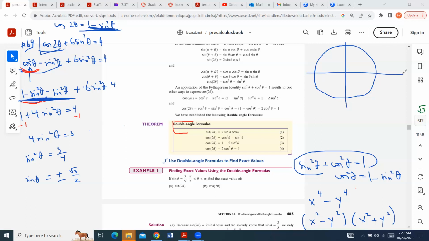So when sine is radical 3/2, it could be either positive or negative. Then you have 2 points here when your sine is radical 3/2. Or when it's negative, there'll be 2 more points here and there. And the angle associated with it is 60 degrees, or people say pi/3.